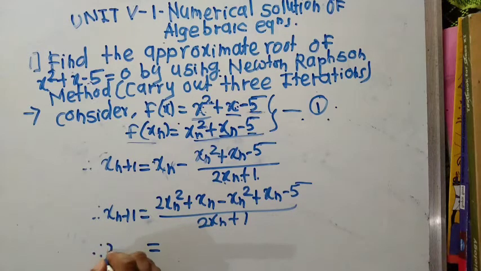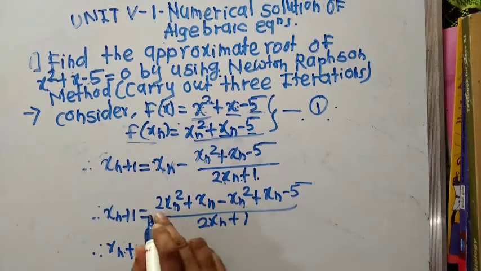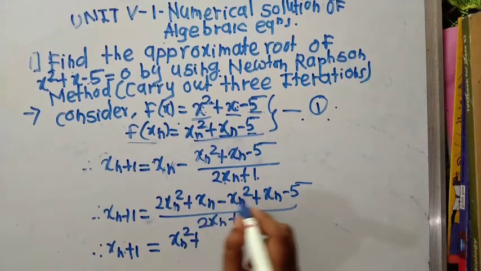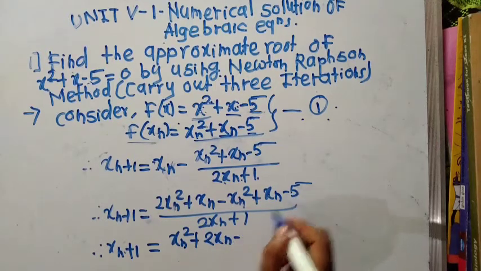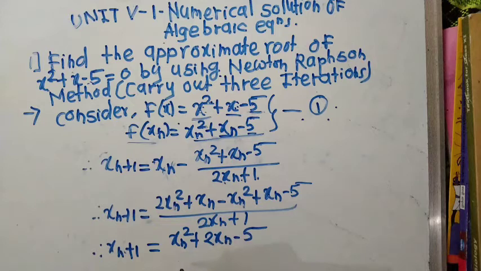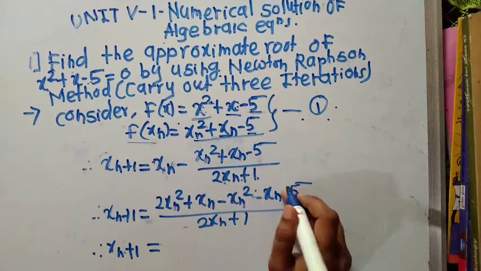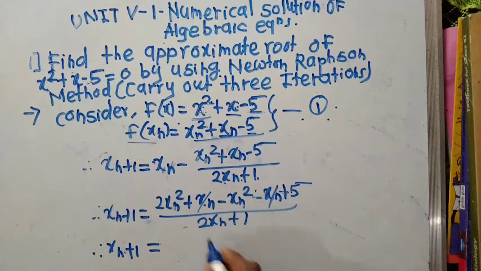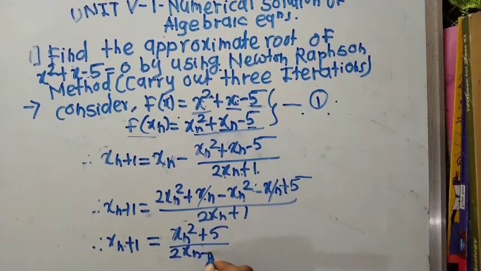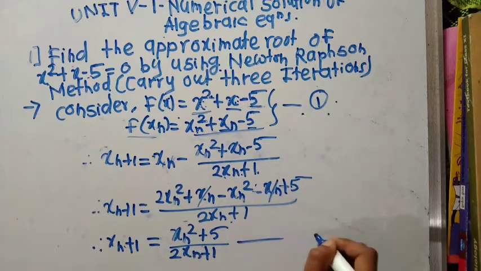Hence xn plus 1 is equal to 2xn square minus xn square, 2 minus 1 is 1, so xn square remains, and 1 plus 1 is 2xn minus 5. Sorry, here minus minus minus, minus minus plus. So plus xn minus xn cancels. 2 minus 1 xn square plus 5 divided by 2xn plus 1. We got this equation. It is the second equation.